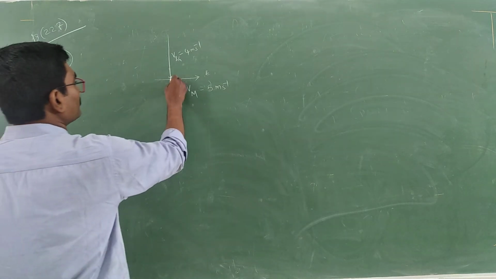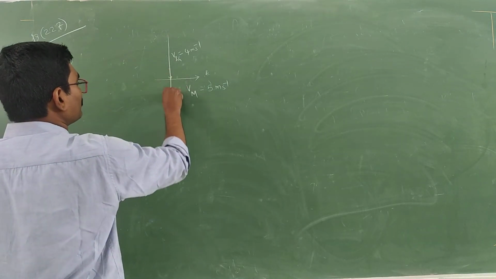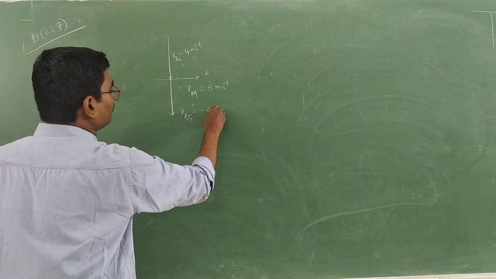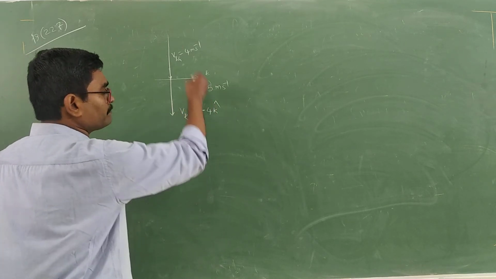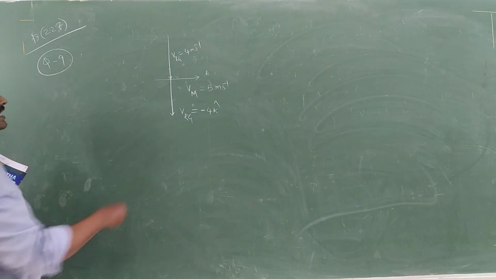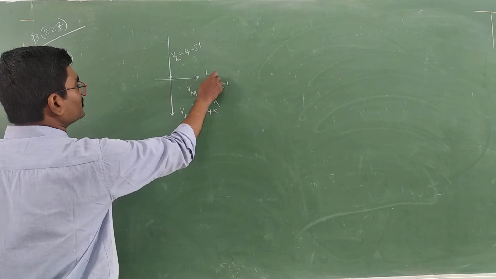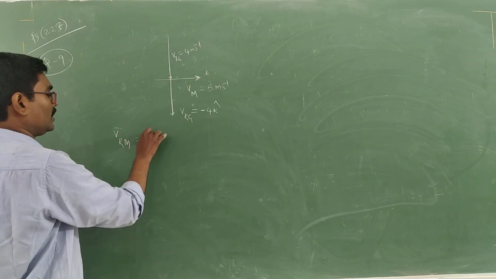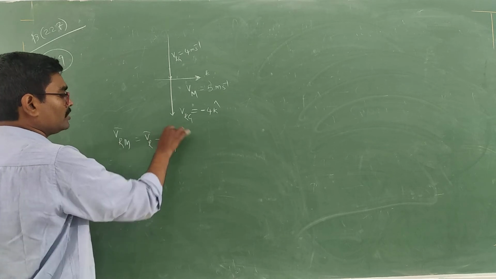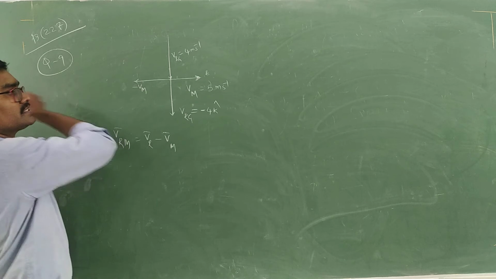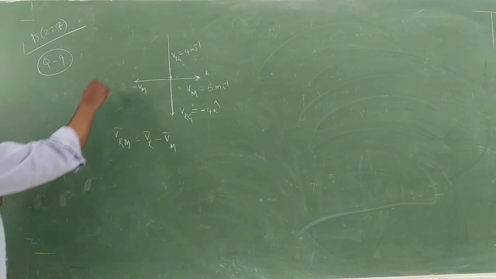What you have to do: velocity of rain with respect to ground is this way, 4 into minus k cap, coming down. Next, velocity of man is this way. I need to find velocity of rain with respect to man, which means velocity of rain minus velocity of man, so I need minus Vm. This is the direction of minus Vm, west.